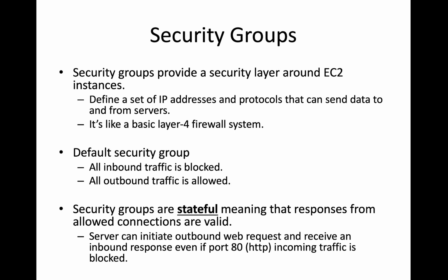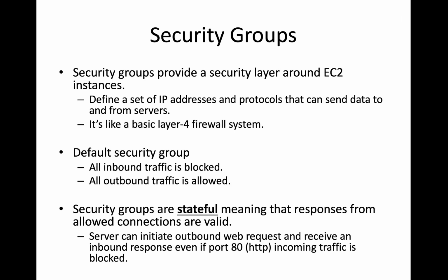So in other words, if I configure a security group that allows incoming HTTP traffic, which is web traffic, on port 80, I don't have to configure a corresponding rule that says that port 80 traffic is allowed out from the security group. Because when I say that the security group should allow incoming traffic on port 80, then the security group will automatically allow the response from that traffic to go out of the security group.